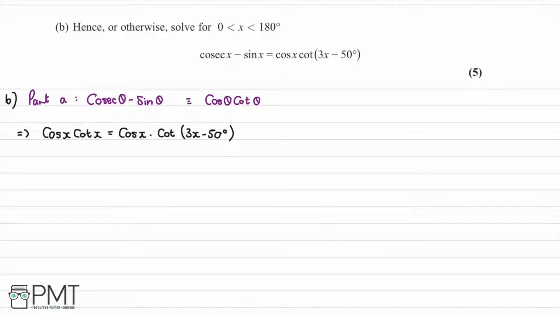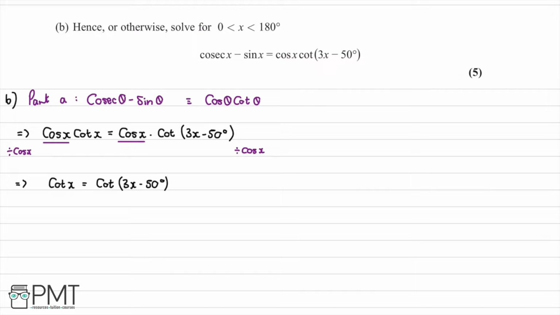So now we notice that we have a cos x on this side and a cos x on this side. So we're going to divide by cos of x on both sides. This is going to therefore leave us with the fact that cot of x is going to be equal to cot of 3x minus 50 degrees.